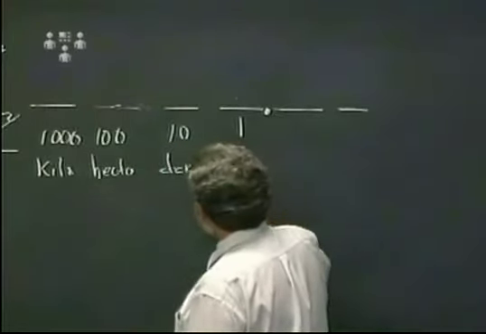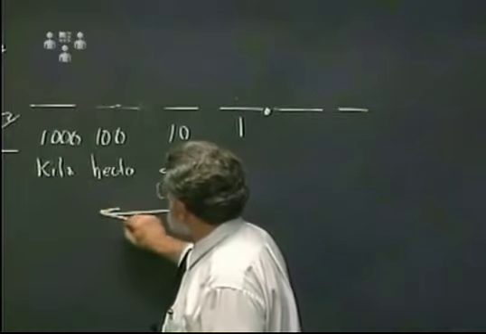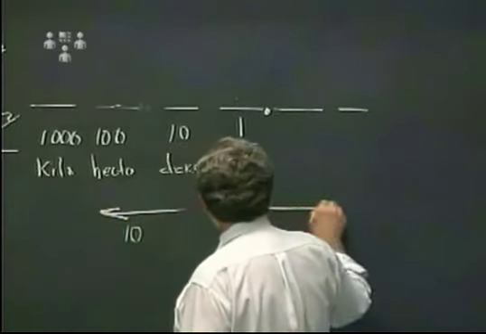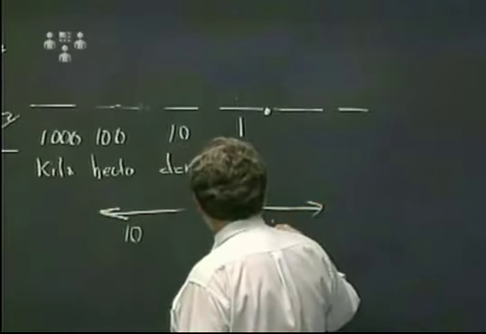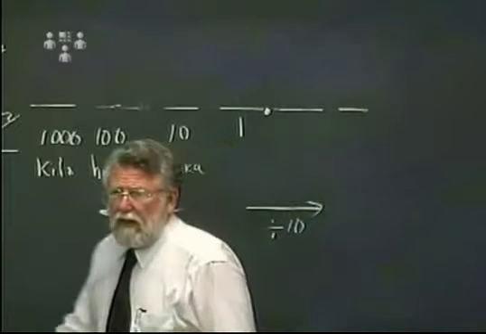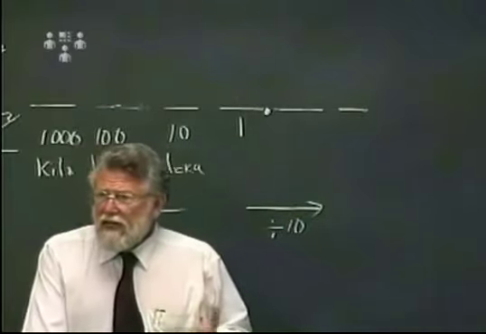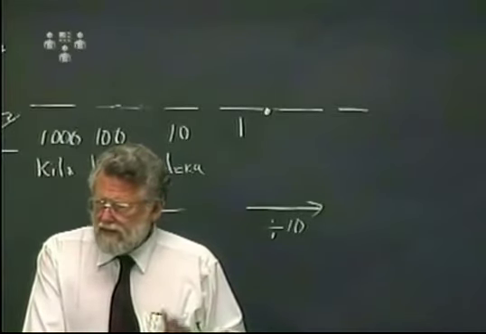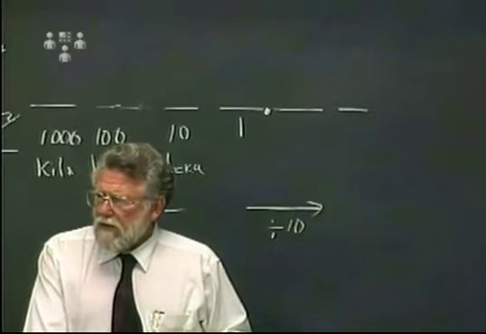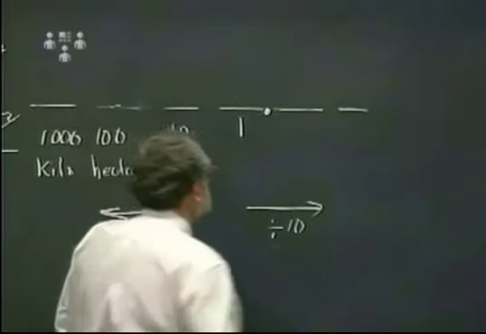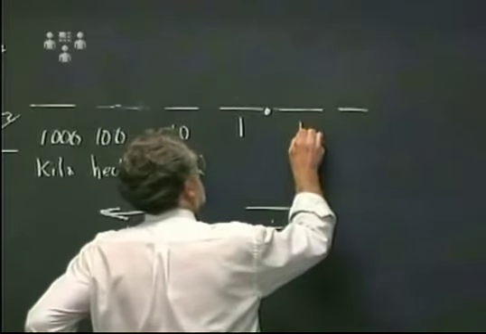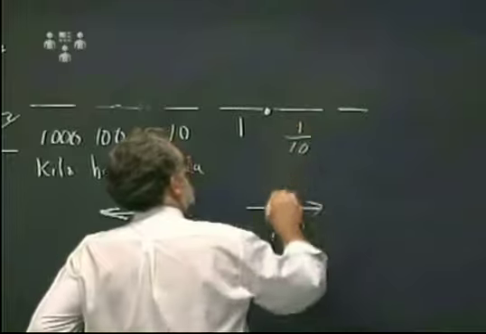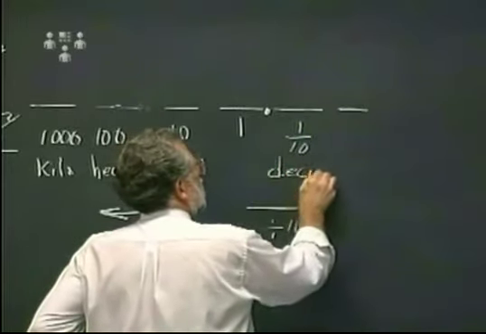Otherwise, if I go the other way, you divide by 10. Now think of DE as decimal. That's the idea of a 10 of something. So in this case, we talk about a deci being here, because this is going to be 1 over 10. So this becomes the deci.